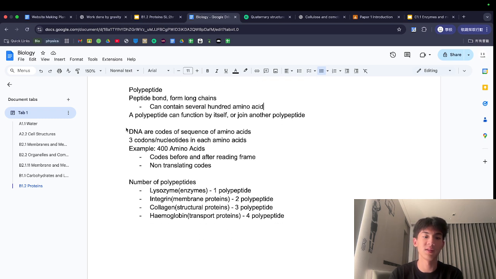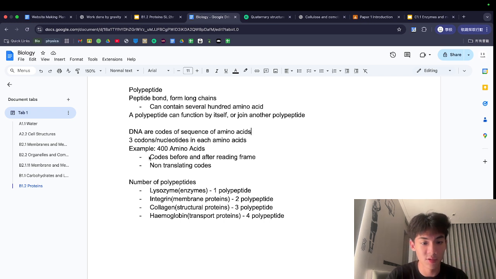DNA is the code for the sequence of amino acids. You need 3 codons or nucleotides for each amino acid. If you have, for example, 400 amino acids, then you will have about 1,200 codons or nucleotides.